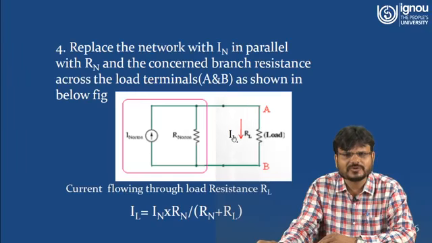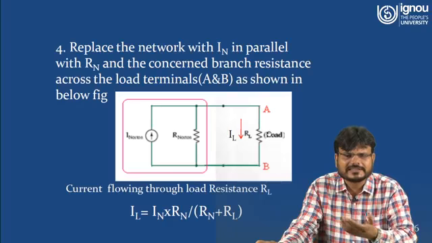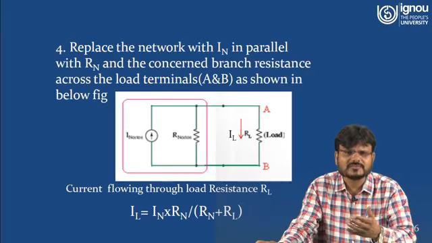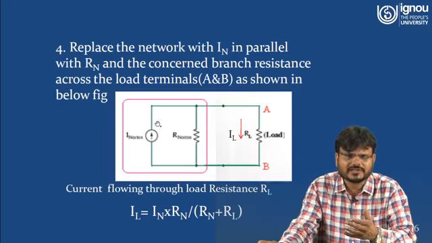So if you have to calculate this current IL, how do you calculate the current in this branch, that is the load resistance? By just applying the current division rule. The current division rule states that in whichever branch you want to calculate the current, you multiply the total current by the resistance of the opposite branch, and divide by the summation of the resistances of the two branches. The opposite branch of the load resistance is this Norton resistance.